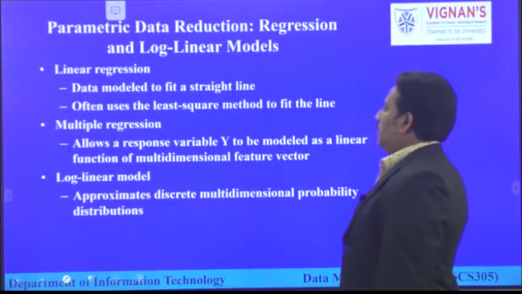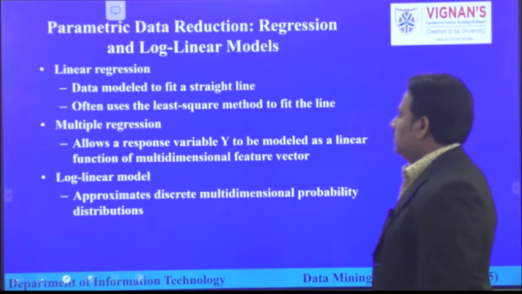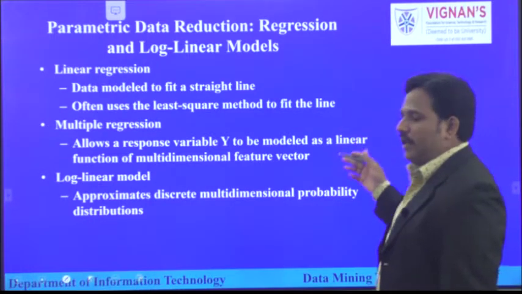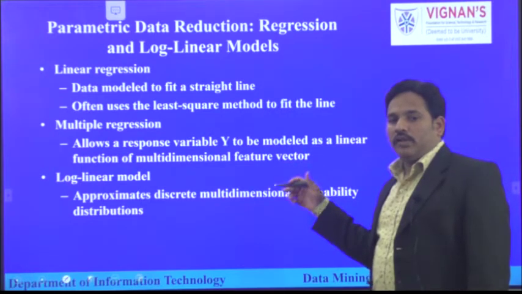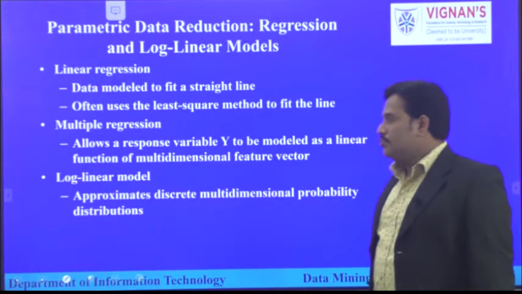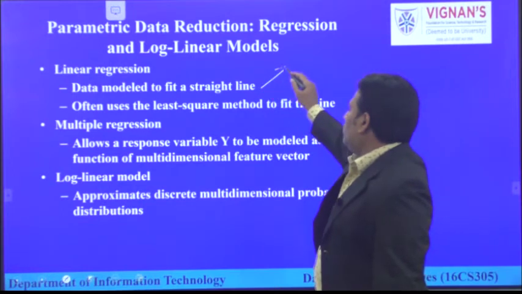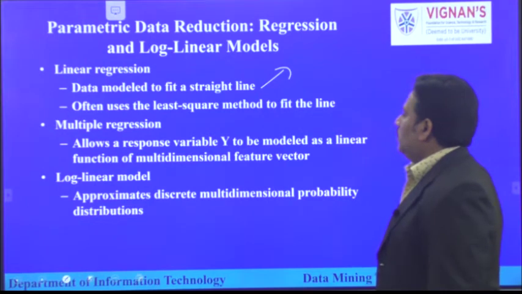Now under parametric data reduction, we can apply regression and log linear models. So in linear regression or multiple regression, we can deploy the data on m-dimensional space and we are going to derive the subspaces among the data values in a reduced format. So here we'll try to represent or lay out the data in the form of a straight line.